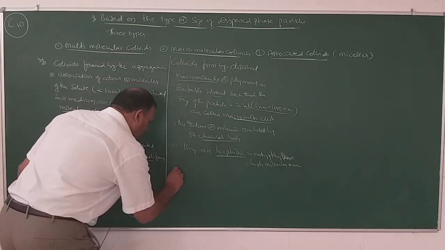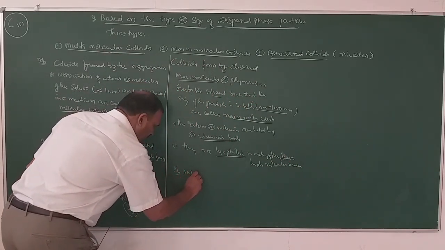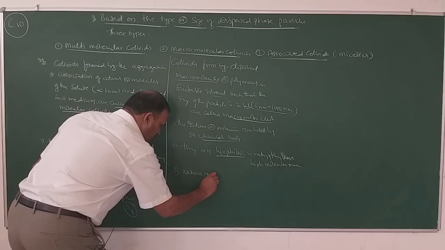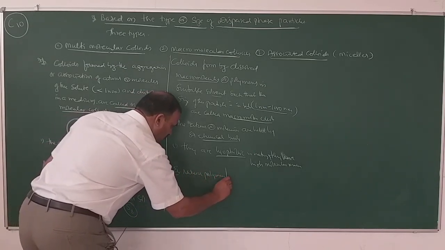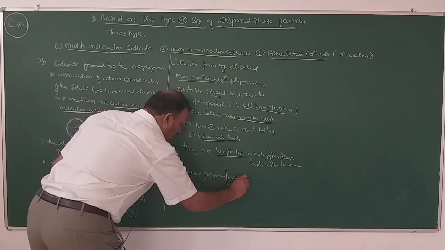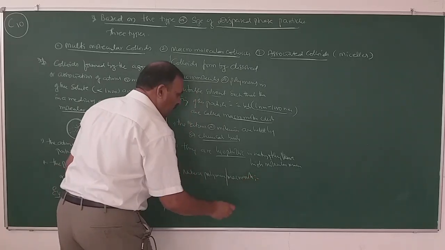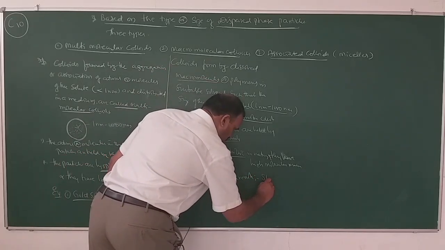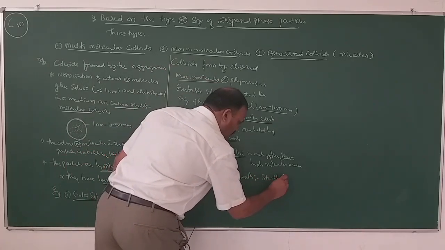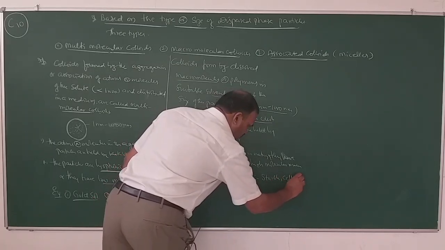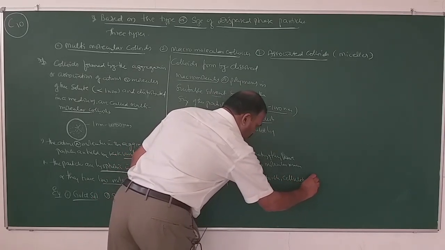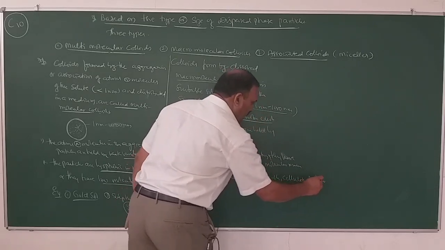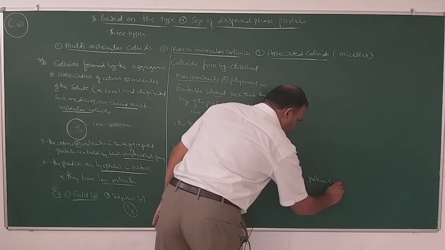Coming to examples for natural polymers. Polymers are macromolecules. Examples: starch, cellulose, proteins, enzymes.